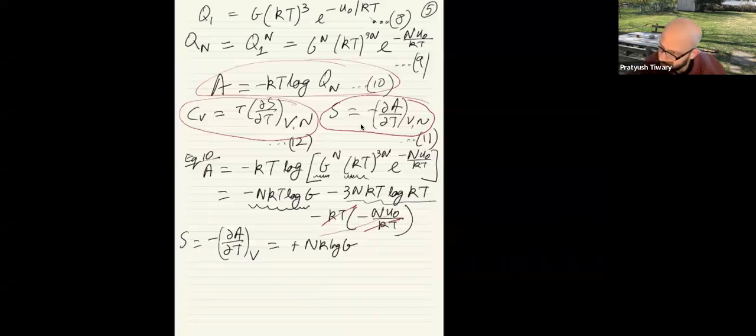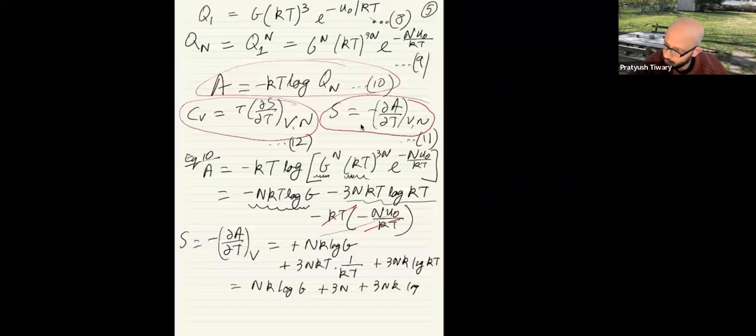For the second term, it will be plus 3n kt times 1 by kt plus 3nk log kt, right? So what does this become? This becomes nk log of G plus 3n plus 3nk log kt.